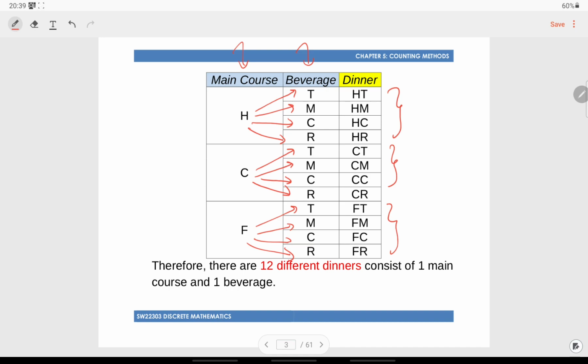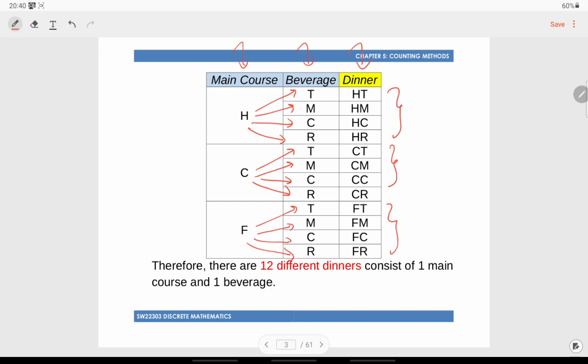So back to the question, in how many ways can we have a dinner consisting of one main course and one beverage? There are 12 different dinners consisting of one main course and one beverage, as shown in the following column.